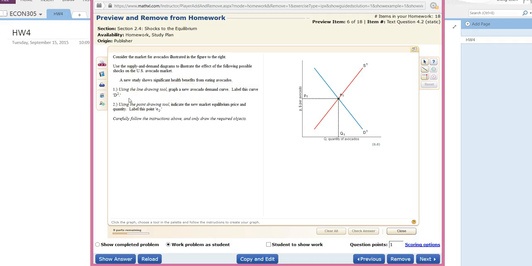Since this shock increases demand, the demand curve should shift to the right. So let me click on the line tool first and draw the first point, and then the second point.